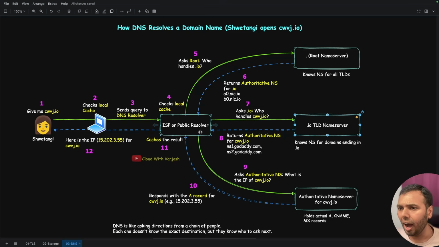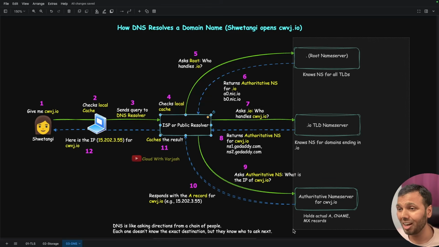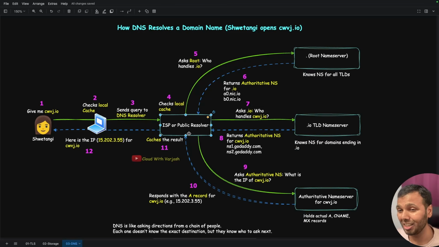and then ISP just queries these name servers to know the IP address of cloudwithvarjosh, and these name servers reply that the A record, the IP address for cloudwithvarjosh, is 15.202.3.55. ISP receives that. Understand, all communication with all these three sets of name servers is performed by ISP, because ISP in our scenario is the recursive resolver.